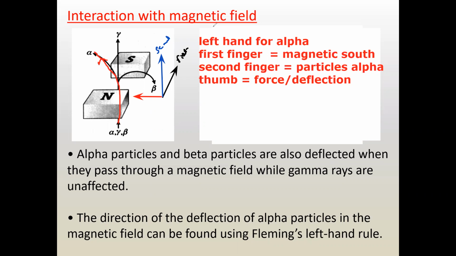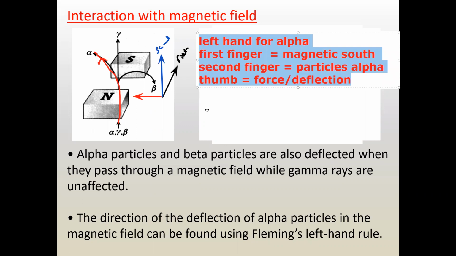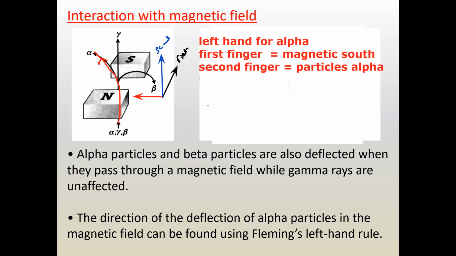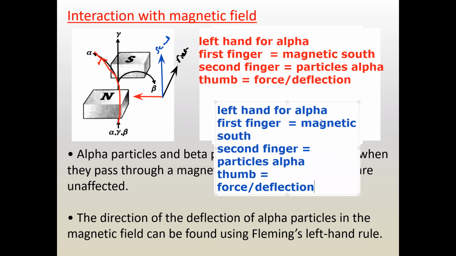And what about beta? Beta will always move in the opposite direction, but you can apply a rule here. For beta, you can use the right hand rule. The same rule is there, but instead of the left, we will use the right hand.